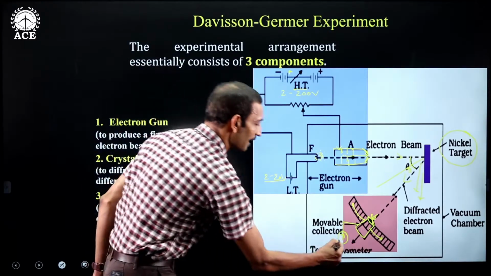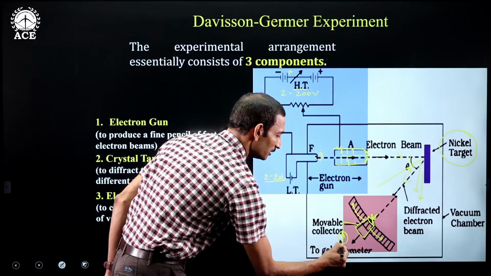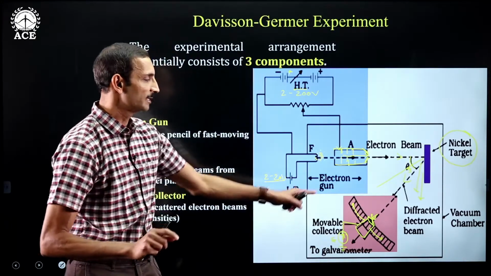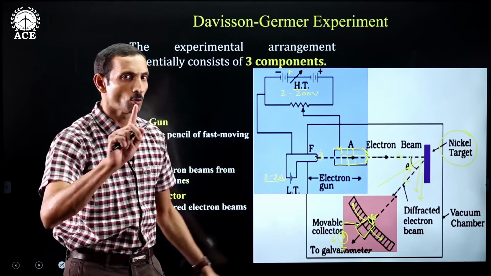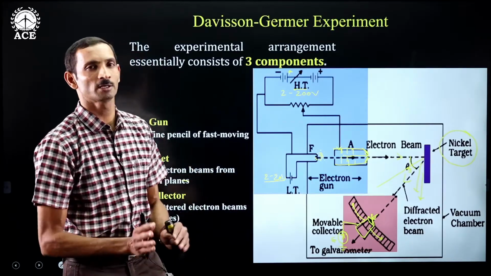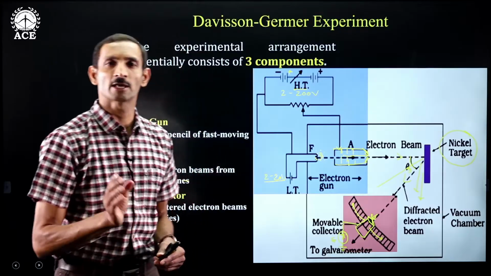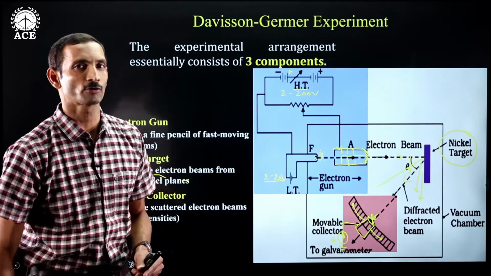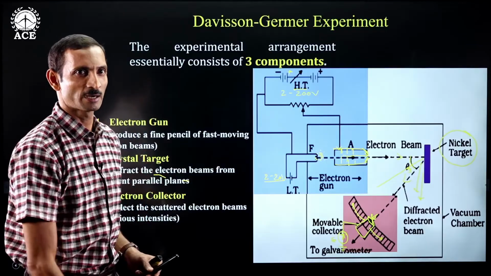The galvanometer gives a deflection. The greater the intensity of the collected beam, the greater the deflection. So the deflection in the galvanometer is directly proportional to the intensity of the collected electron beam.